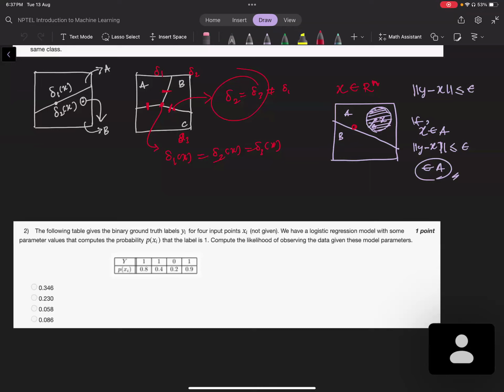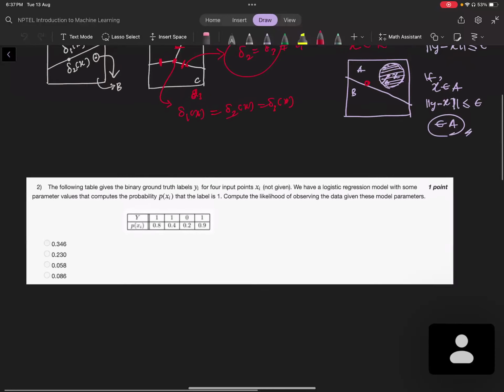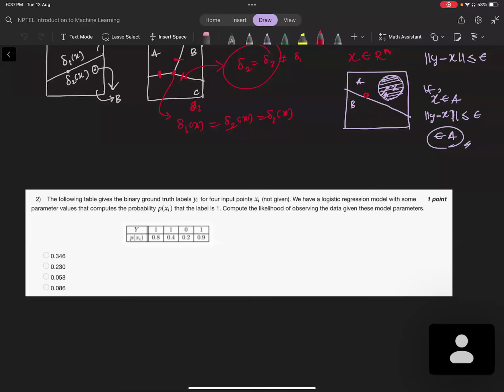Okay. So now question number 2. Question number 2 is saying that the following table gives the binary ground truth label y_i for 4 inputs x_i. Not given.